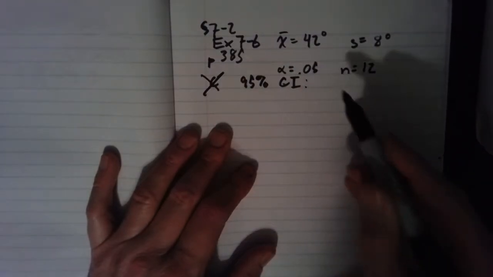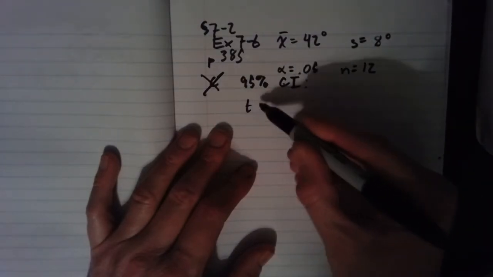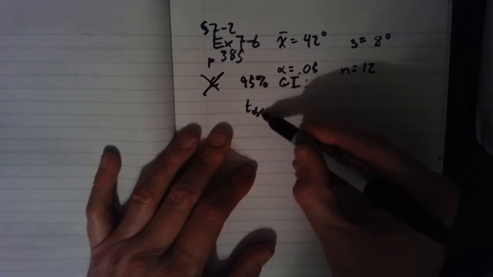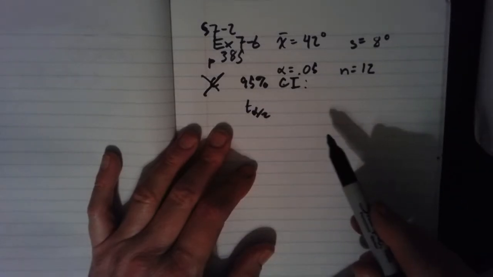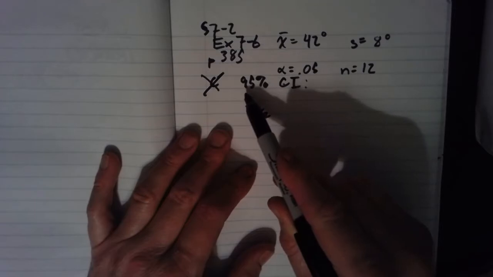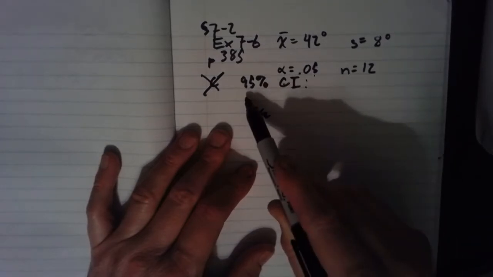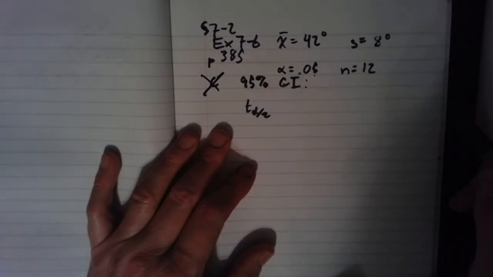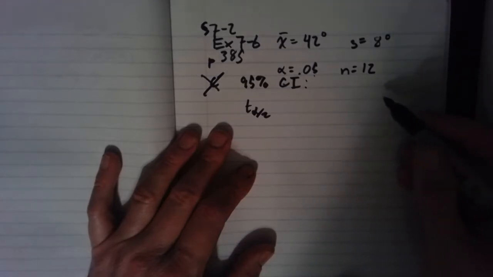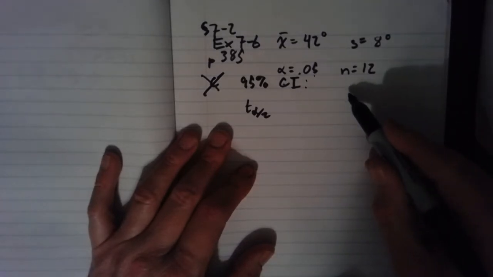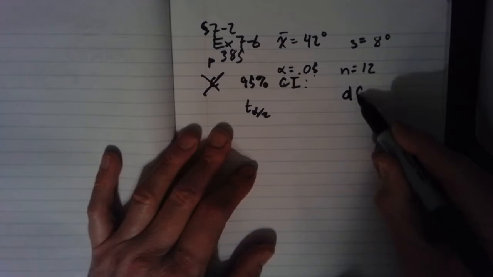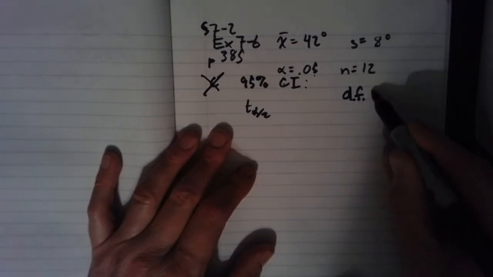Okay, and so here we can just directly look up the t subscript alpha over 2. The other thing that we might want to remind ourselves of, instead of saying what alpha is, because that's not going to be so necessary, let's say what our degrees of freedom are. So we know what n is.